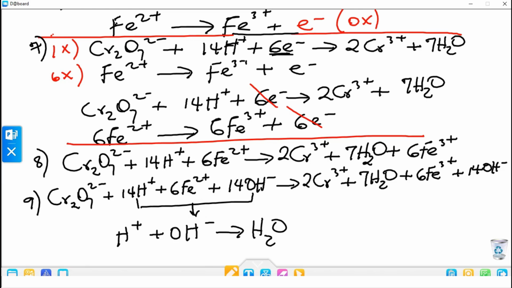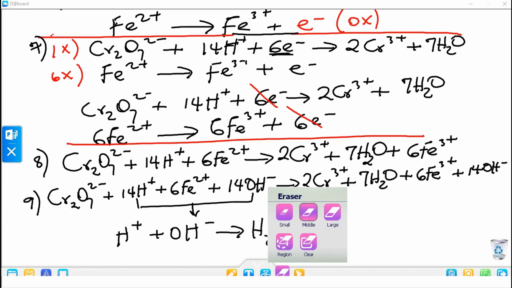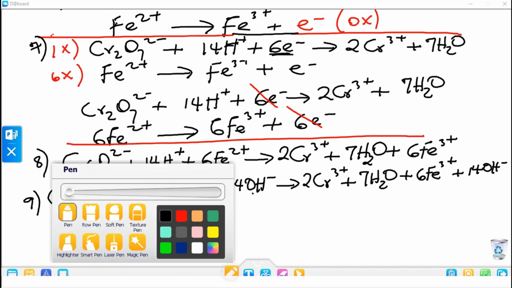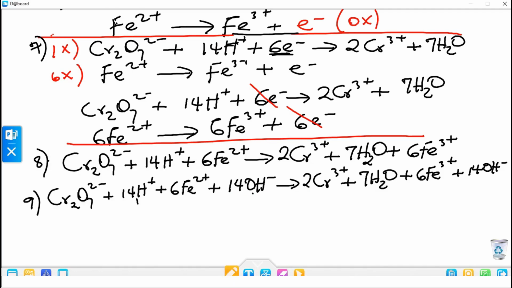So since we have 14 OH and 14 H plus, they will have to cancel out each other. Once that is done, we need to rewrite the product that they give. And what is the product? It is water. The product is automatically water. So 14 H plus and 14 OH will give us water. So let's rewrite that and know how many water molecules it's going to give us.